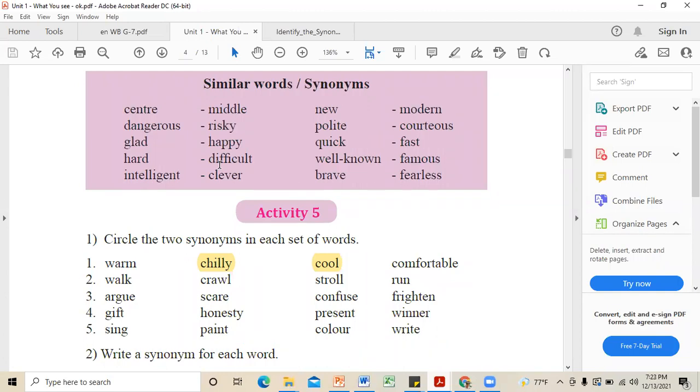Also, if we want to make our writing look a little more advanced, we can use advanced words. As an example, happy and glad. Happy is something very simple, which we use every day, but glad, maybe we are not using it as often.